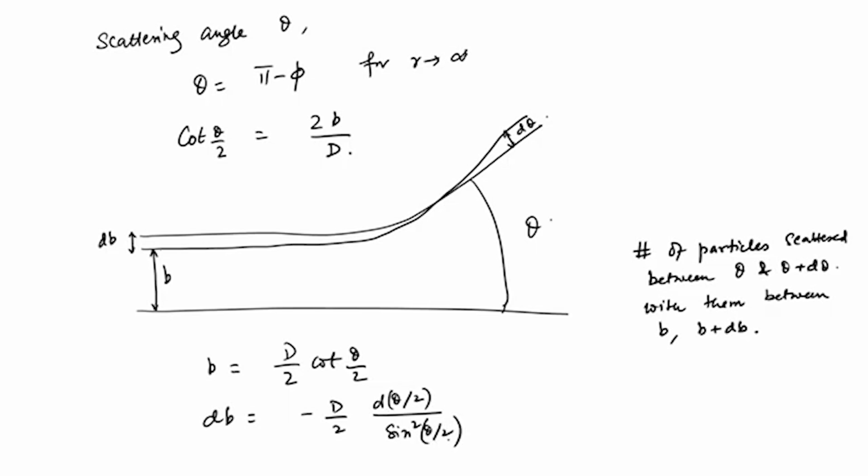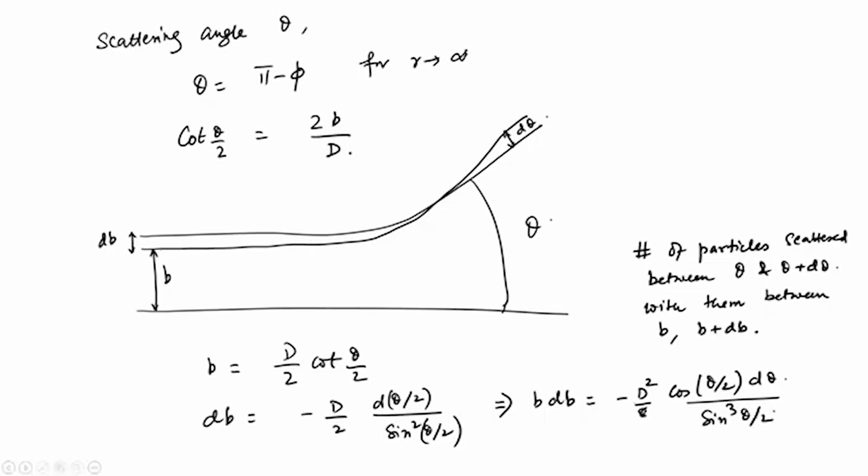And now we can calculate b dB, which is given by, so this b dB we have both, and that is minus d square by 8 cos of theta by 2 d theta over sine cube theta by 2. Okay, this is all algebra.